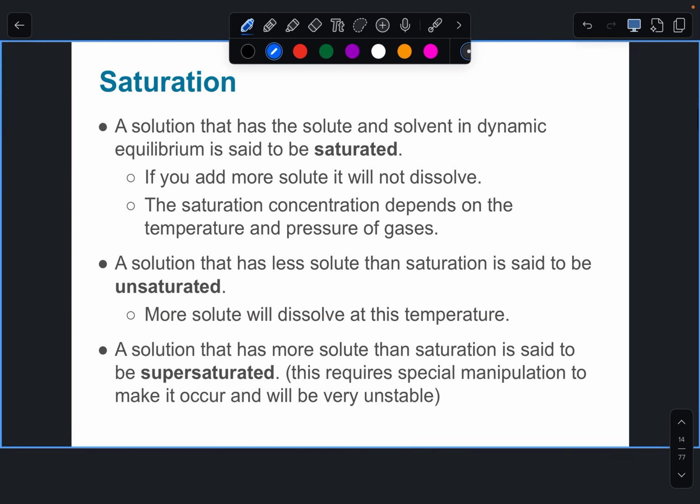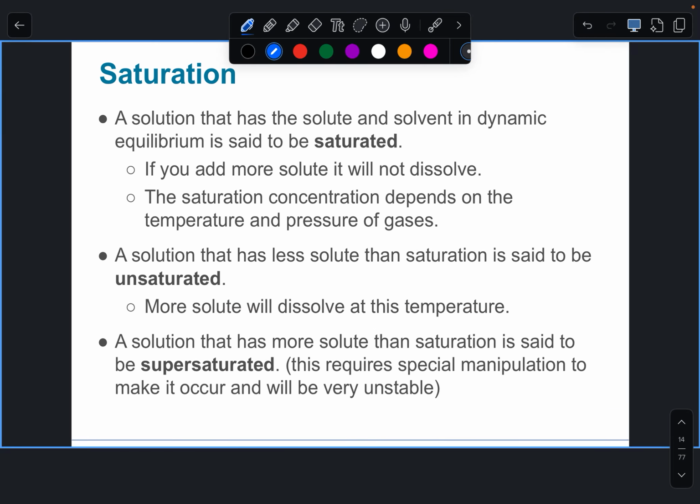All right, so the next stuff we're going to talk about is if we say something is soluble, that doesn't actually mean it's just going to infinitely dissolve a ton of the stuff. And you guys have practical experience with this. If you have a cup of coffee or tea, you can put a spoonful of sugar in it and it'll dissolve just fine.